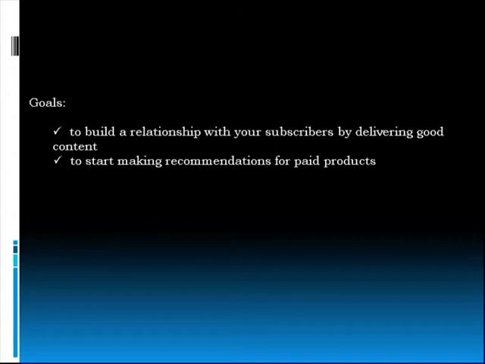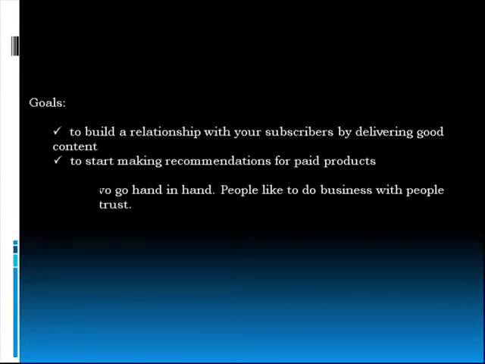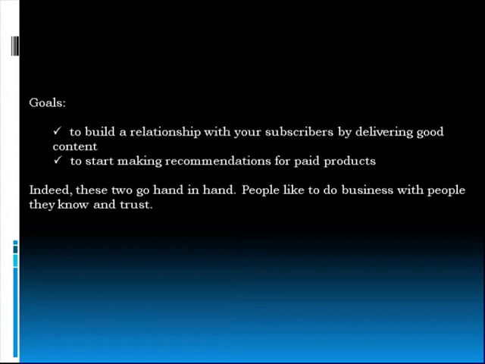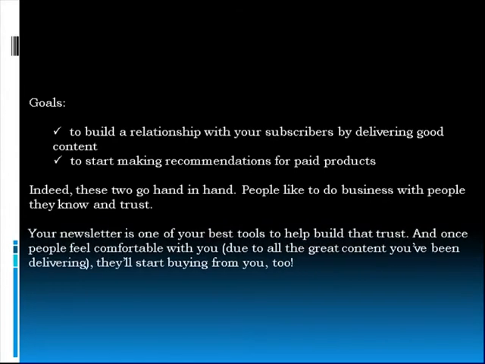These are the ones that you start selling in your newsletter, for example. Indeed, these two go hand in hand. People like to do business with people they know and trust. Your newsletter is one of the best tools to help build that trust. And once people feel comfortable with you, due to all the great content you've been delivering, they'll start buying from you too.